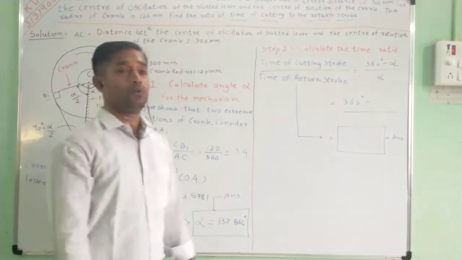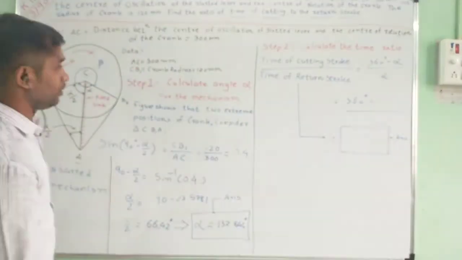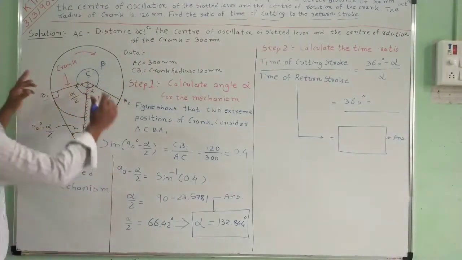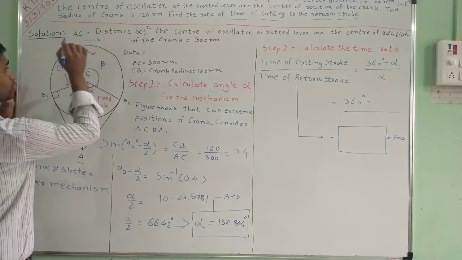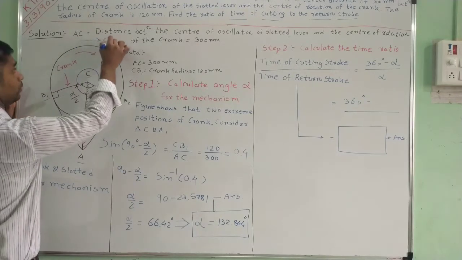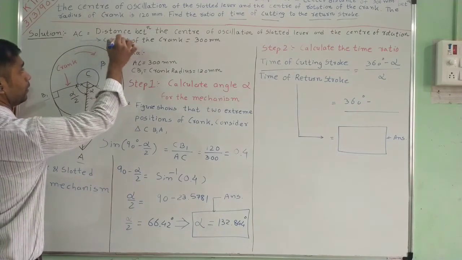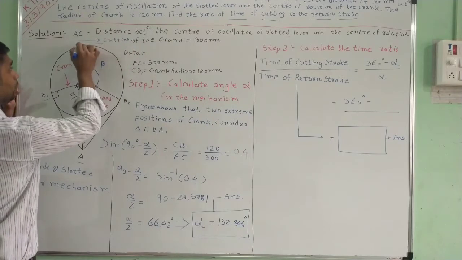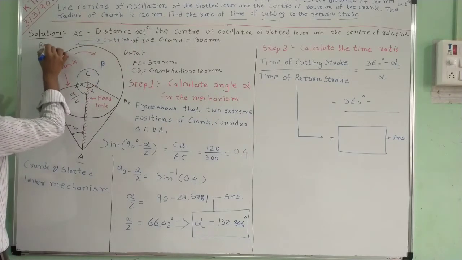Now step 2: calculate the time ratio. Time of cutting stroke, this is the forward stroke, the cutting stroke, and this is the return stroke.